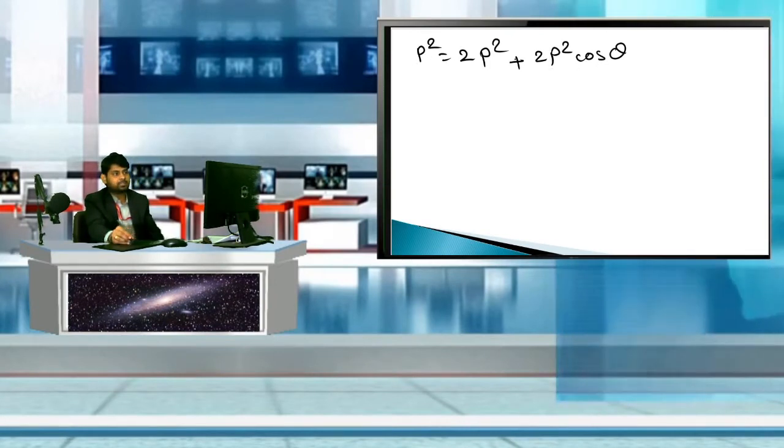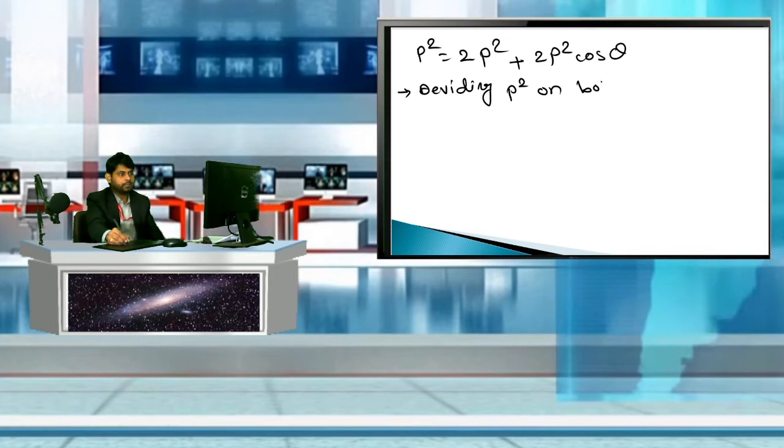So now you can see here is P, here is P, here is P. So we can cancel all this P. How we can cancel? So here dividing P square on both sides.